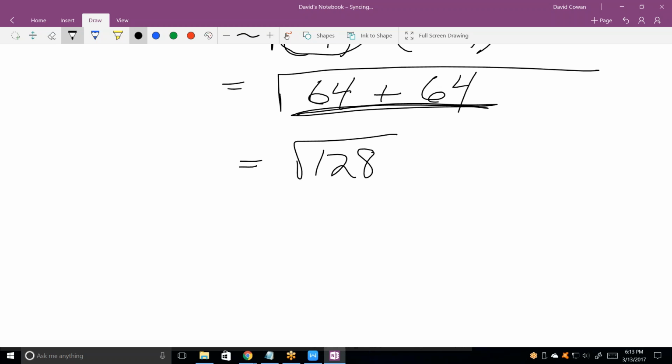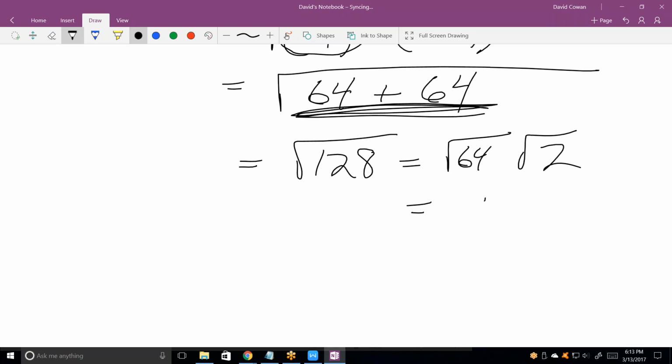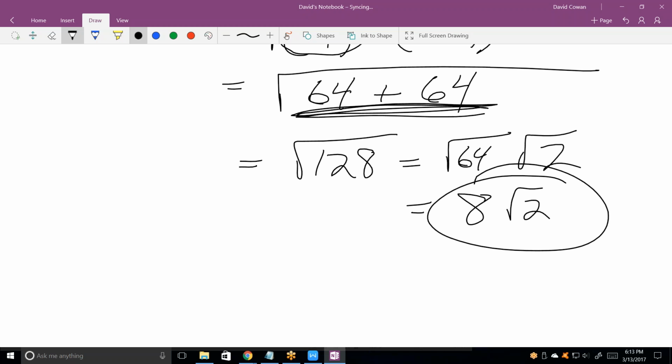What does that tell you? Because it wouldn't be 8. 2 times 64, right? In other words, 64 plus 64 is the same as 2 times 64. So I can write this as the square root of 64 times the square root of 2. And then 64 being a perfect square number gives me 8 root 2. And that's my answer.